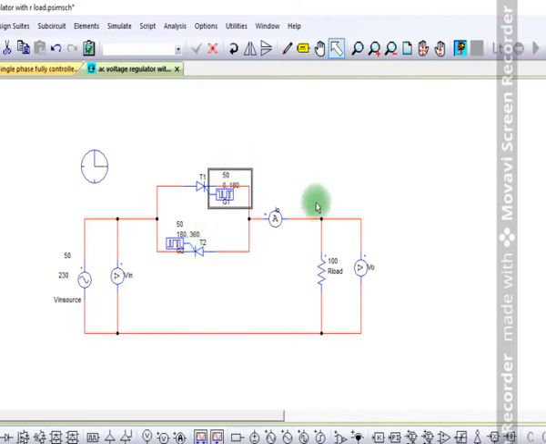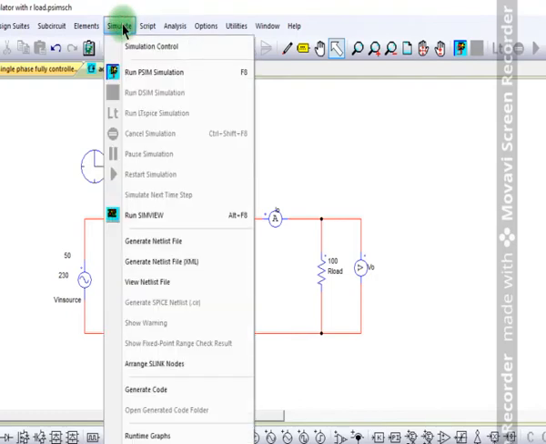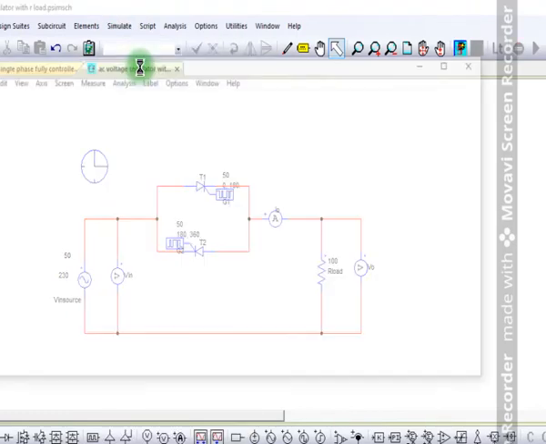So let us see what will be the output. Okay, and you just press Control S, so it will save the values which we have given, and go to simulate, click run the simulation.